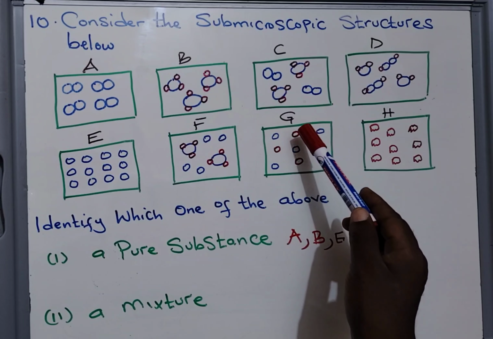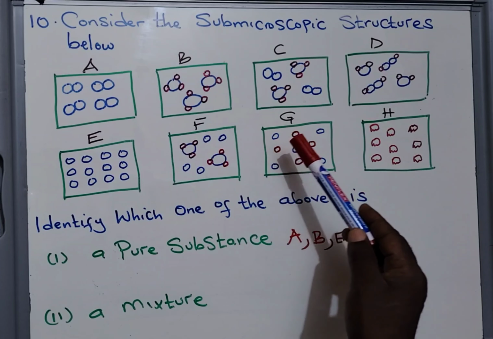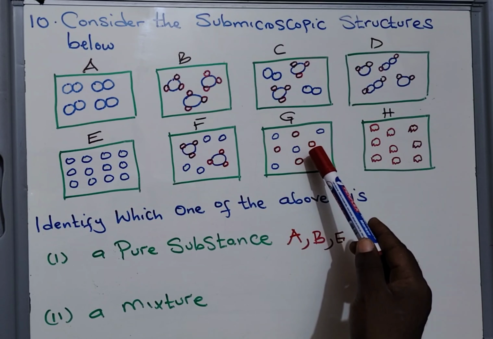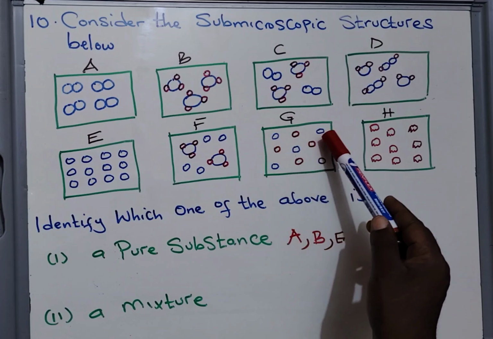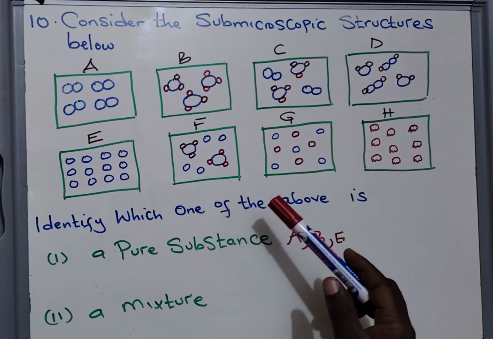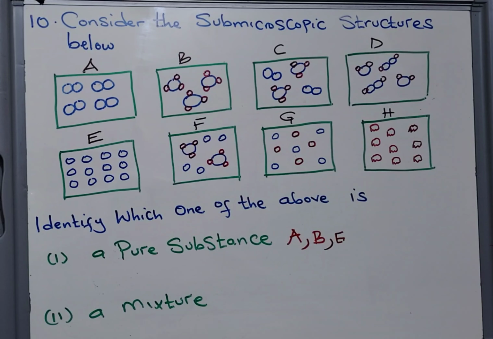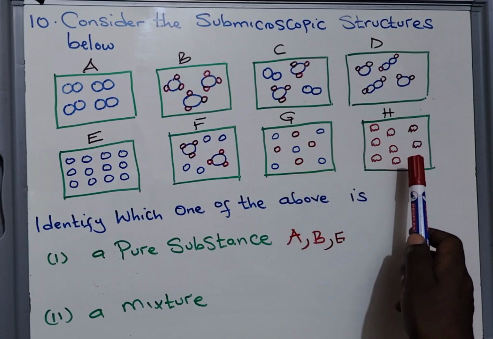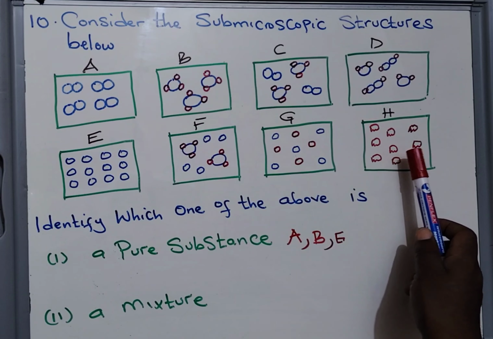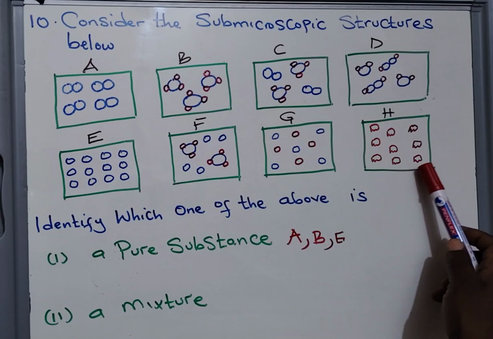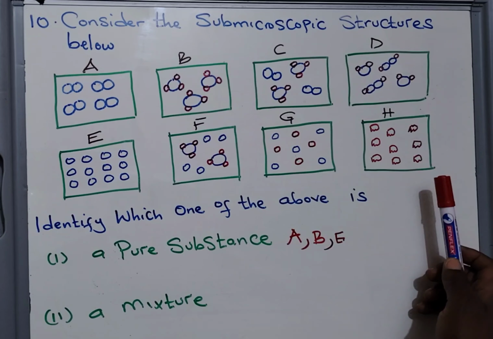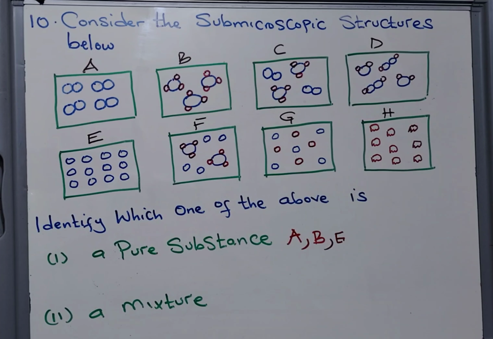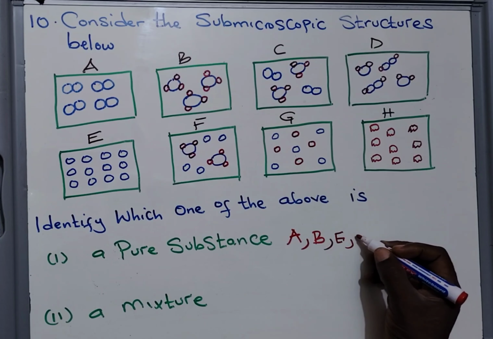It's made up of red dots, which represent one kind of element, and blue dots, which represent another kind of element. So they are mixed up together. So it's also not pure. Then we go to H. H is made up of the same kind of atoms throughout. So H is also pure.